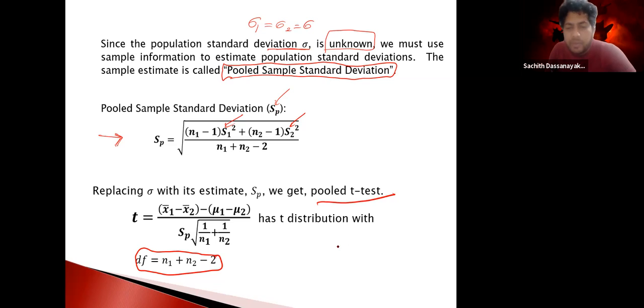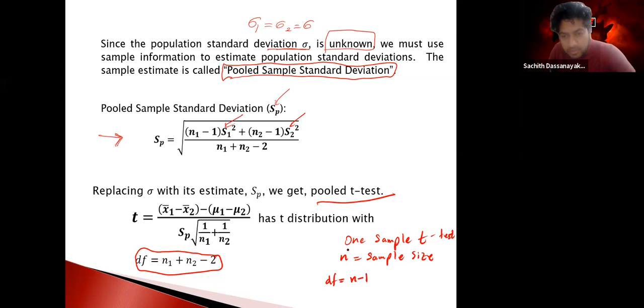Do you remember how we found the degrees of freedom for the one sample case? Just for a moment, consider a one sample t test. Let's say n is the sample size. In that case, we found the degrees of freedom using n minus 1.